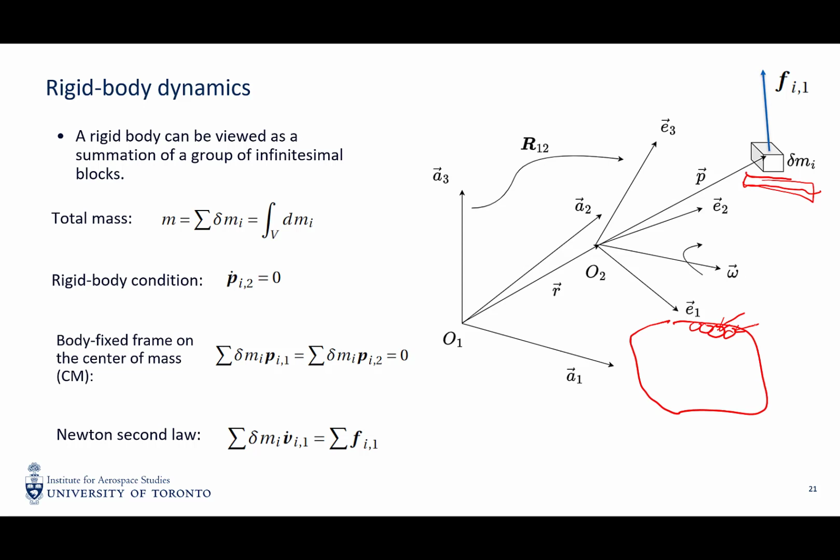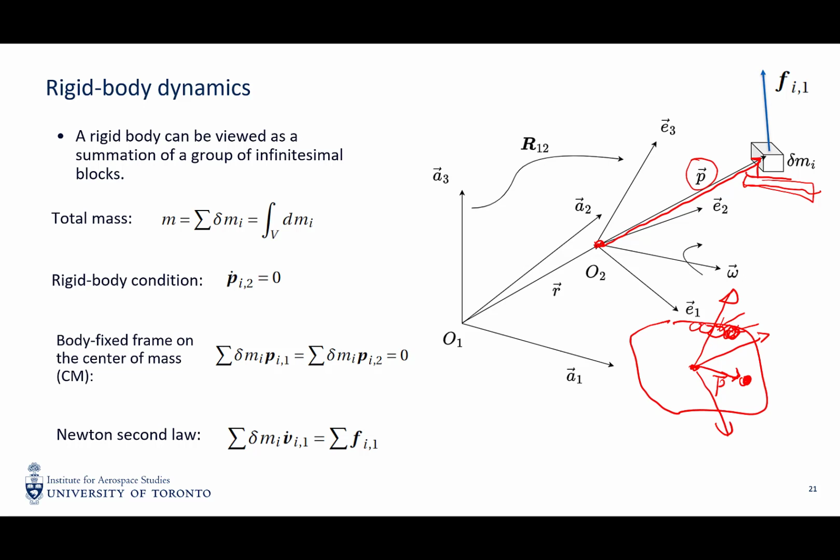However, because we have a rigid body assumption, if we describe a single point mass within the rigid body, the position of this point mass with respect to some body fixed frame is the vector P. So for example, if we define a body fixed frame on the rigid body, then for a very small point mass here, the relative position from this point mass to the center of this body fixed frame is the vector P.